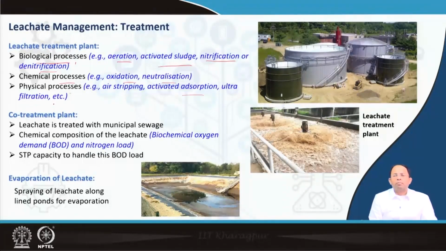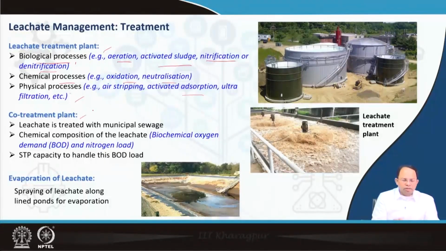These are the different processes. I'm not going into details of this, but if you are interested in sewage treatment, you can look into our NPTEL lecture on sewage treatment. There we have discussed many of these processes in detail, and similar processes are also adopted in the leachate treatment plant.